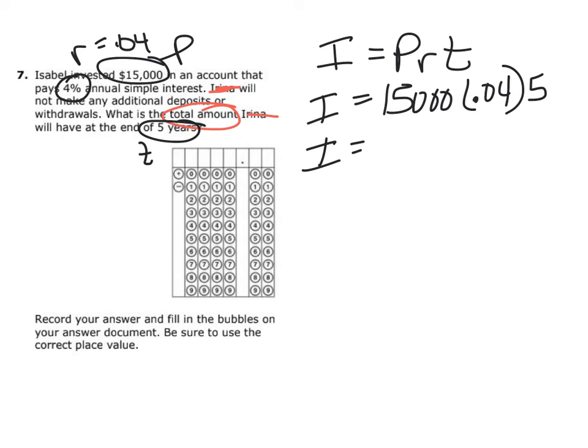So I'm going to go ahead and do 15,000 times 5, which is 75,000. Okay, now times 0.04. So I'm going to go ahead and multiply that.